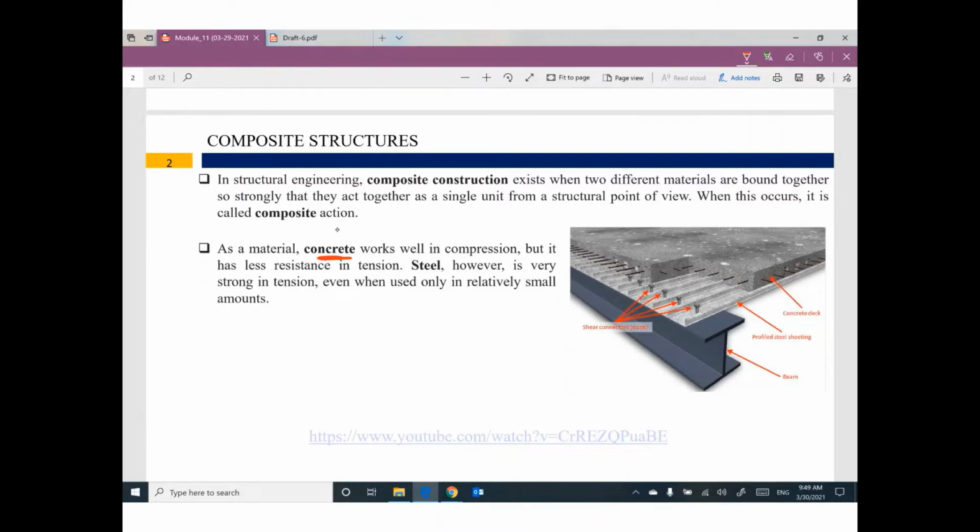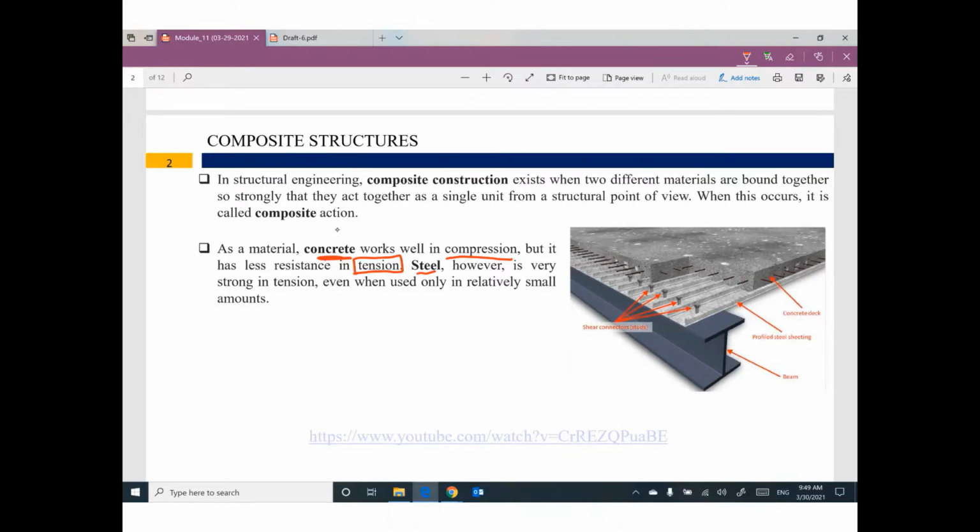Concrete is very strong in compression, but it's very weak in tension. That's right. And the steel will be excellent in tension and good in compression if you avoid buckling.